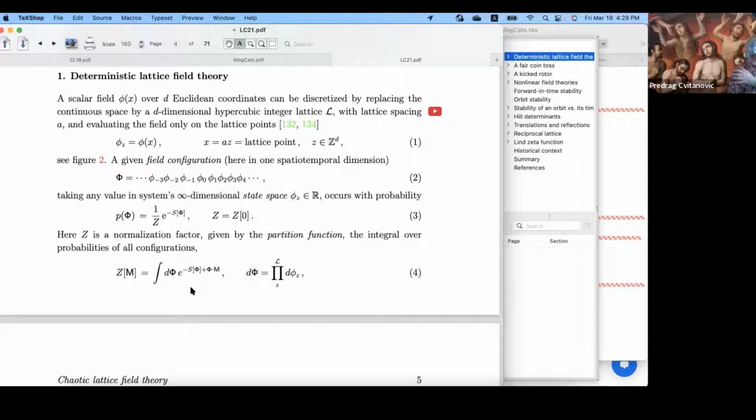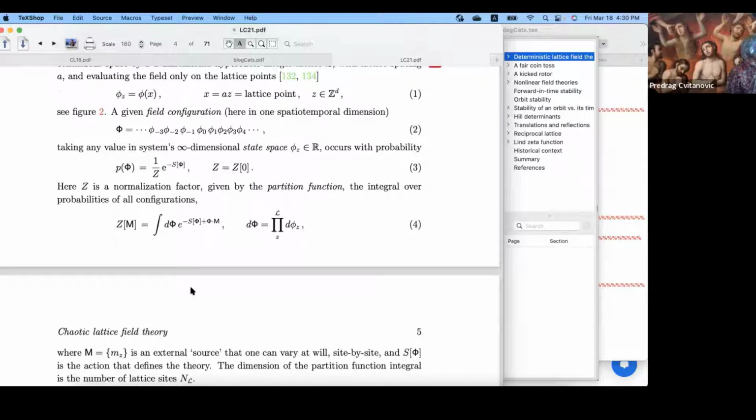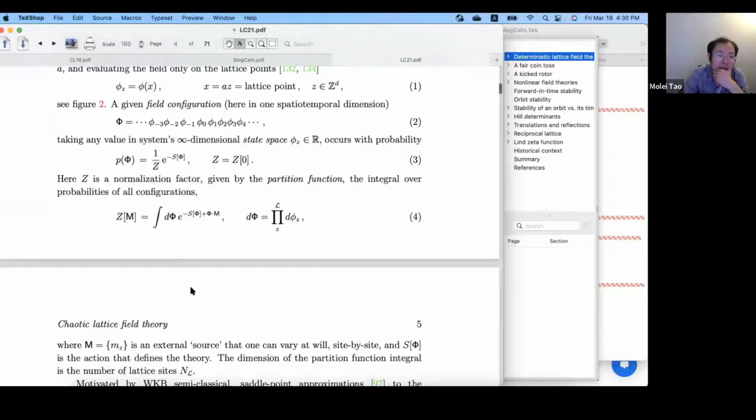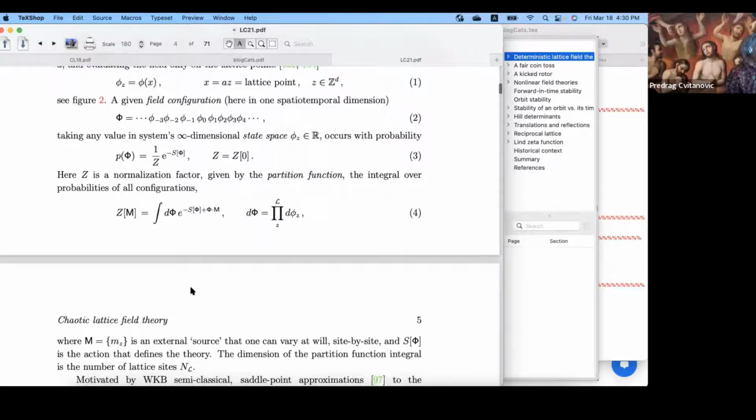It could have 1, 2, 3, 4 discrete coordinates, integers. This calligraphic lattice symbol is some kind of lattice, so it's easiest to first understand it on finite lattices before going to an infinite lattice. The classical equations, just like in mechanics, are extrema of this action. So they are Euler-Lagrange equations in a discrete lattice form rather than continuum derivatives form.